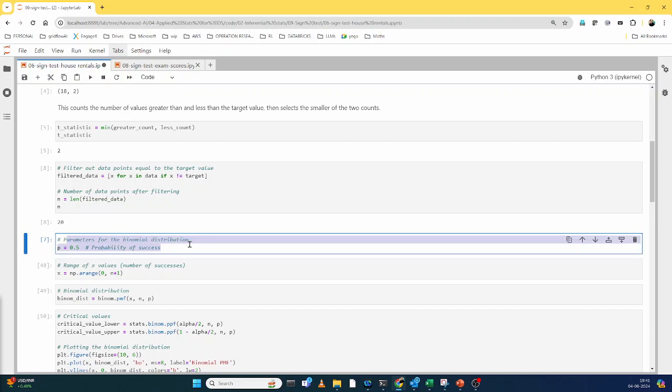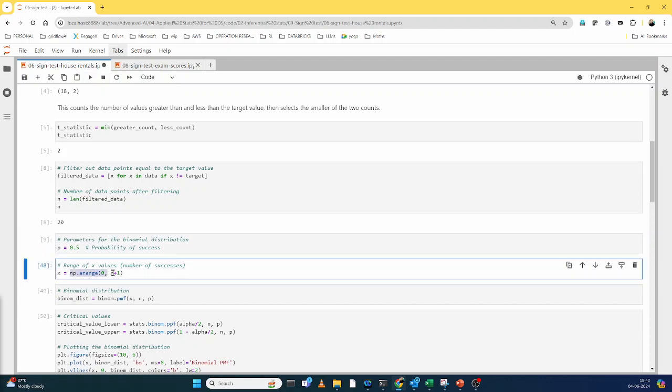Now, this is where we'll be using the binomial distribution as the parameter. In this case, we are looking at the probability of observing positive and negative randomly, with an equal chance of observing positive and negative instances. So we take the probability as 0.5.